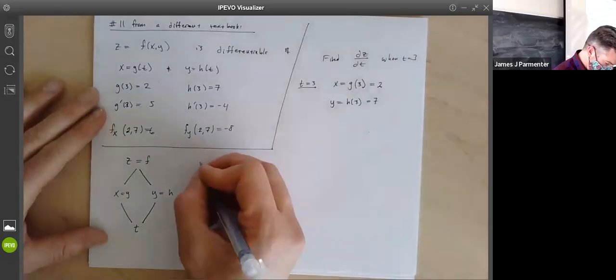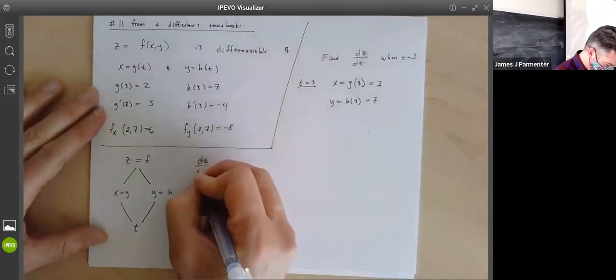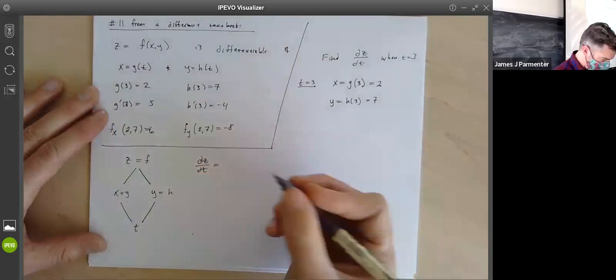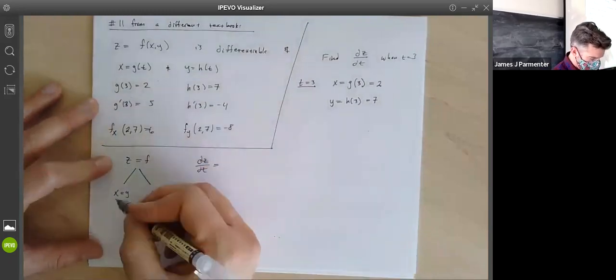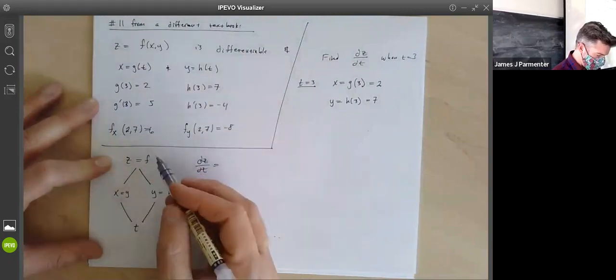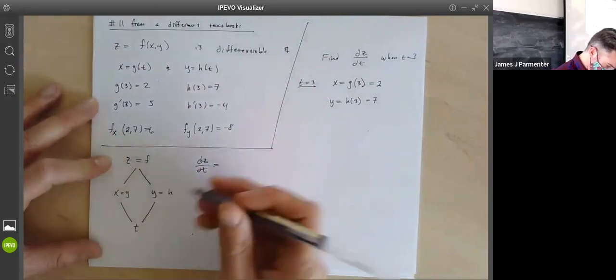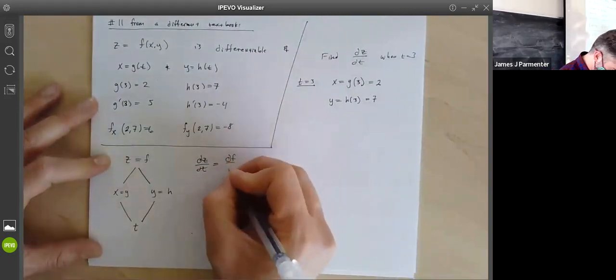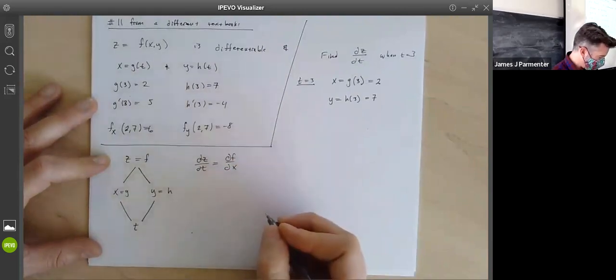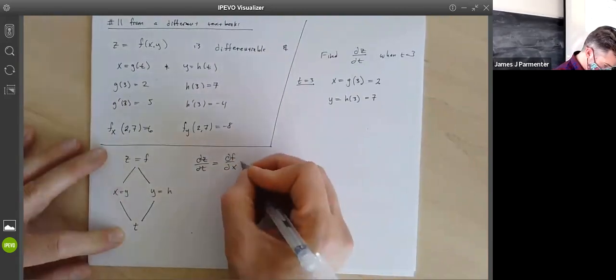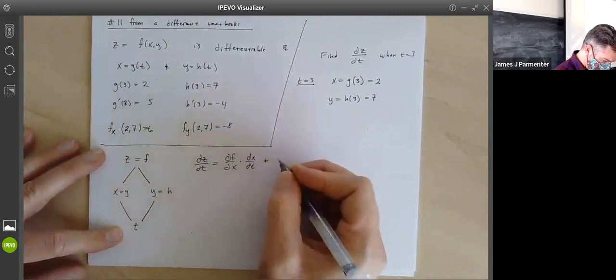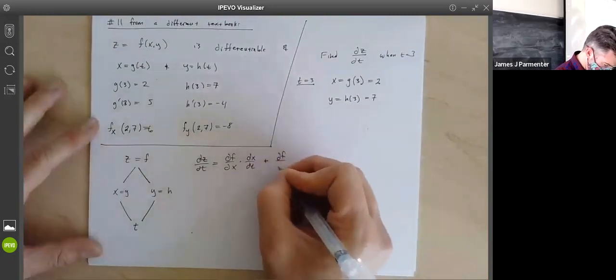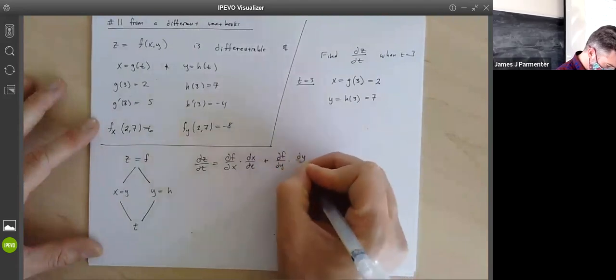So if I want to find dz dt, I'm going to use the usual formula first. I'm not going to write del z del x because I don't have that written down. I'm going to write del f del x times dx dt, plus del f del y times dy dt.